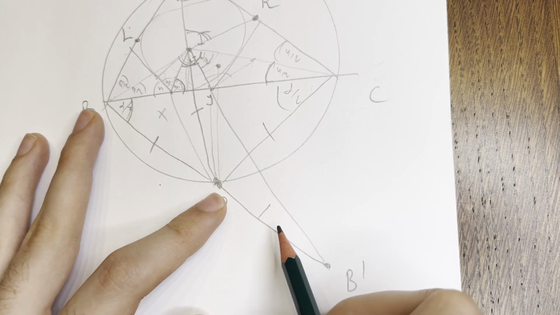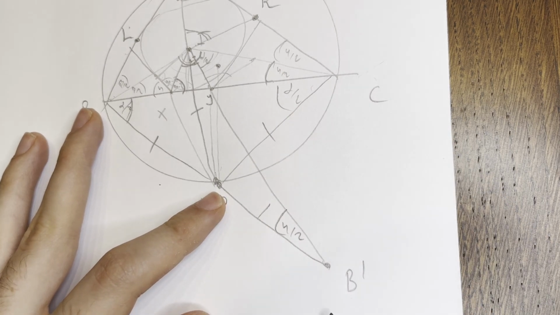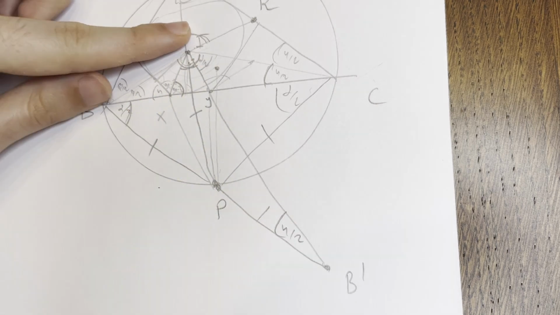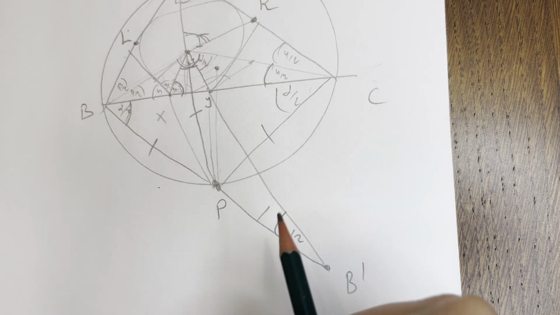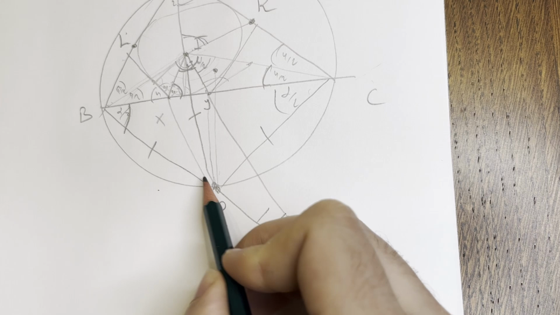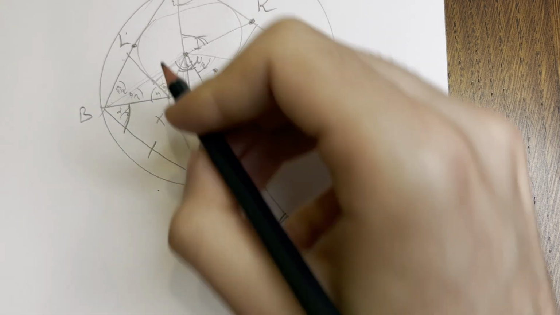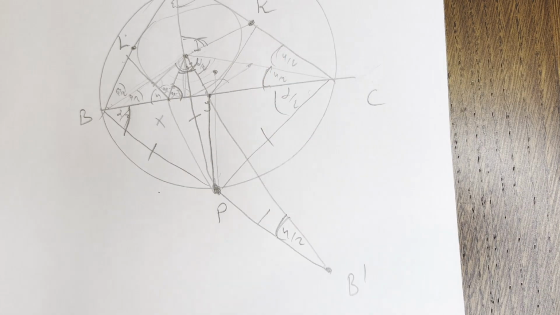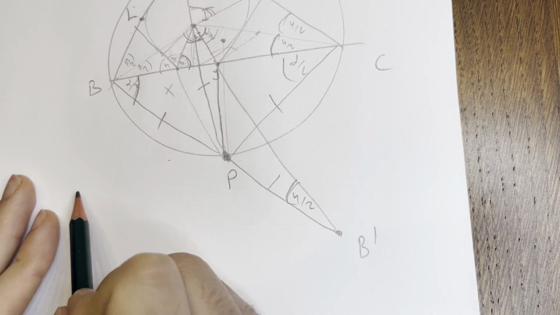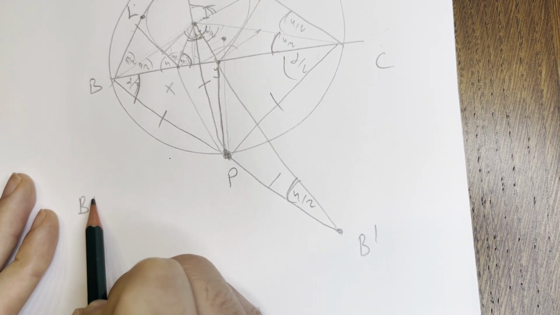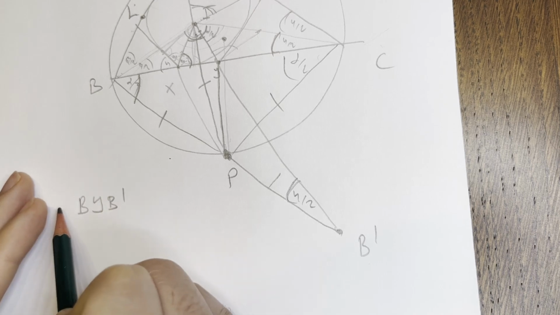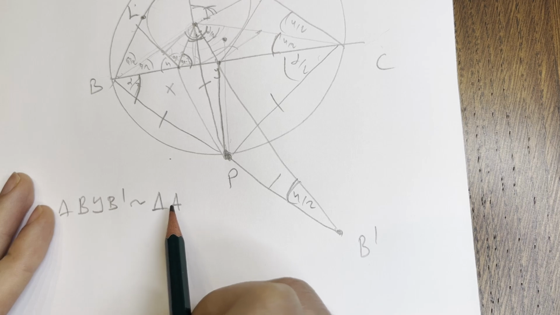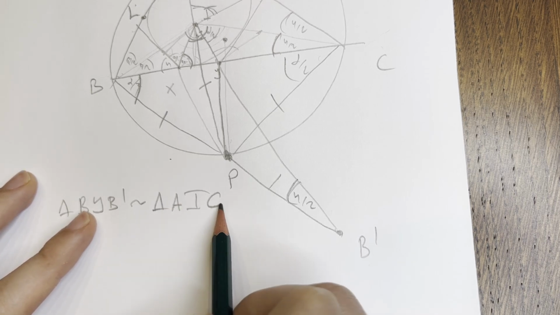And I also know that this angle here is gamma half because it's the angle on the chord BI. And now what do I have? I have gamma half, I have alpha half, and I have P as the midpoint. And I have Y as the angle. So I have the triangle B, Y, B prime, which is alpha half, is similar to A, I, C.